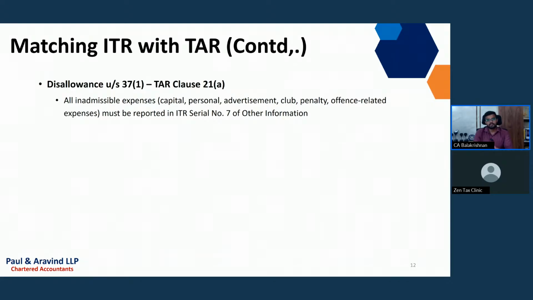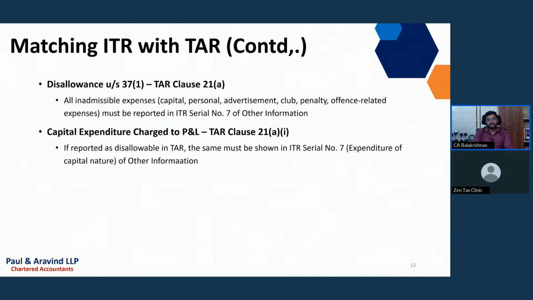In the tax audit report, only the specific disallowances need to be reported. So the assessee's responsibility is to ensure that all the disallowances have been correctly reported in the income tax return. Otherwise, this will create a problem if the income tax department takes up scrutiny assessment.